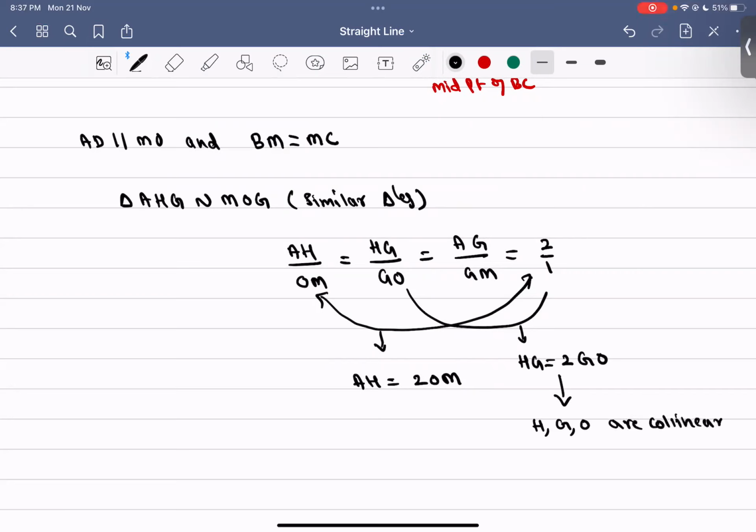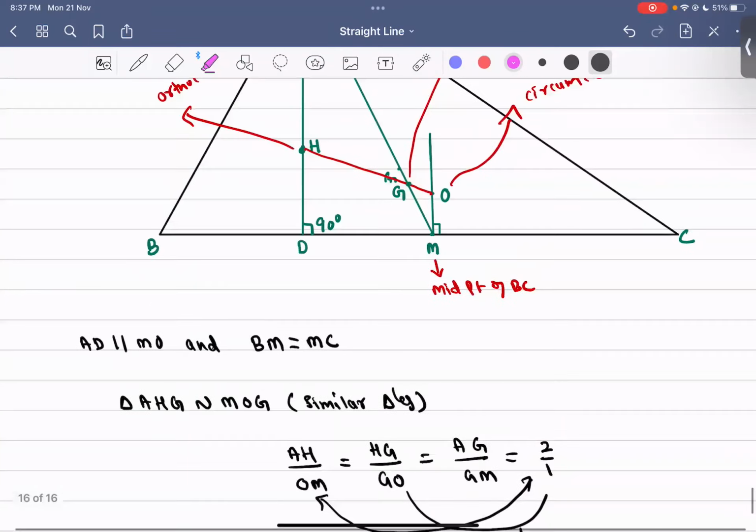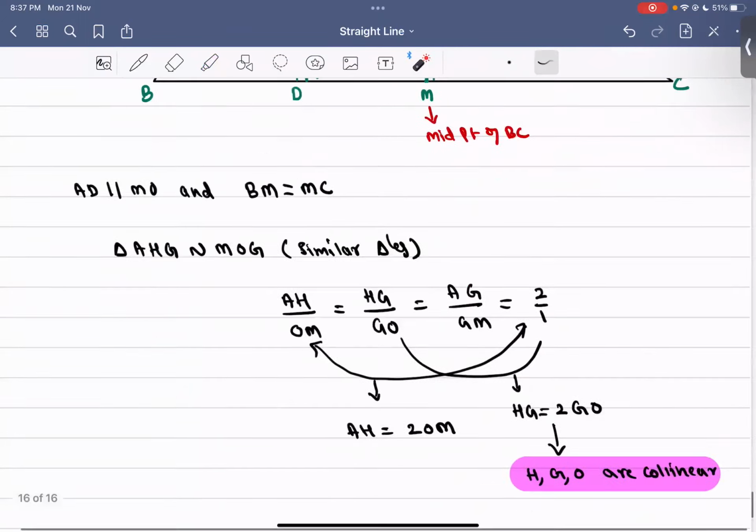So this is an important point. Means in a triangle, orthocenter, centroid and circumcenter are collinear, and that too the centroid divides them, because HG by GO is 2:1. Centroid divides orthocenter and circumcenter internally in the ratio of 2:1.